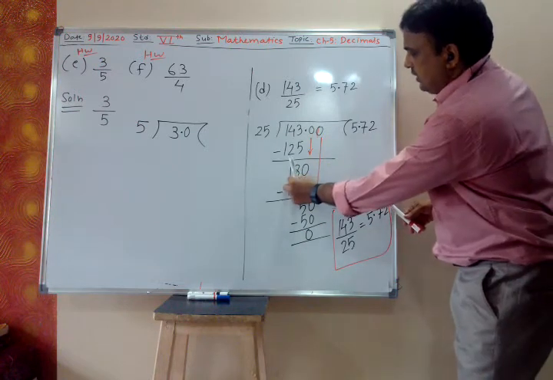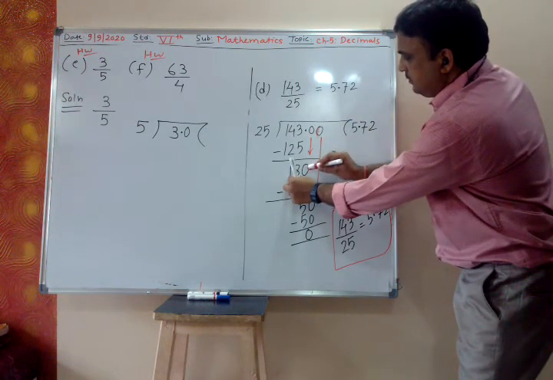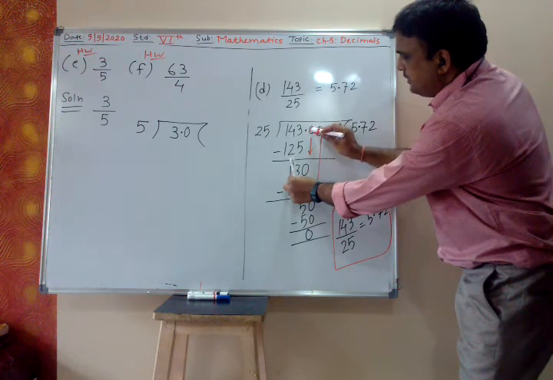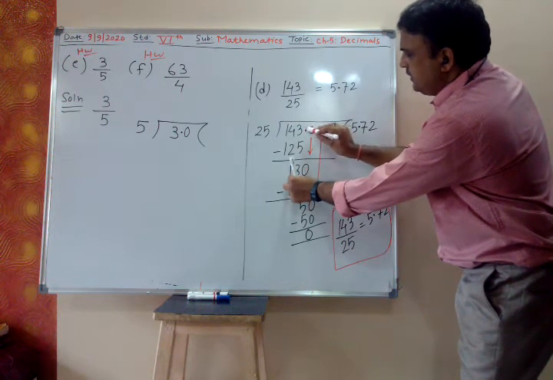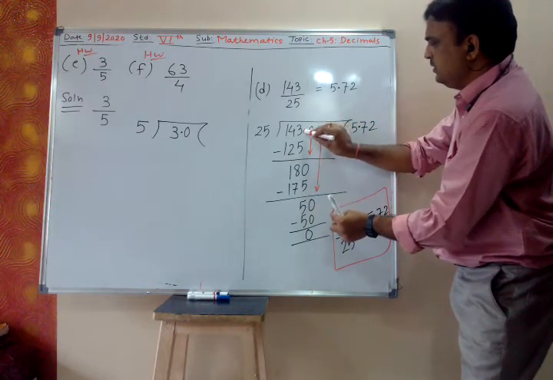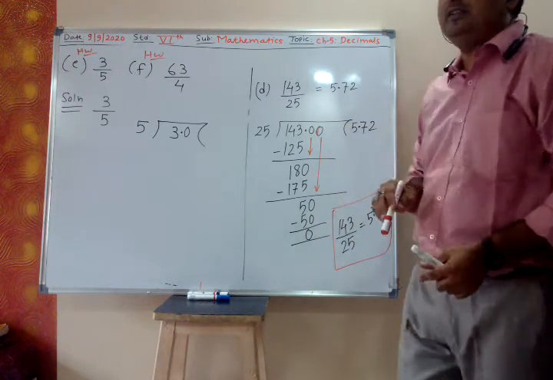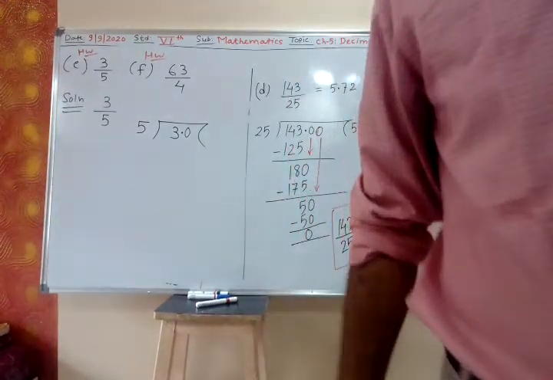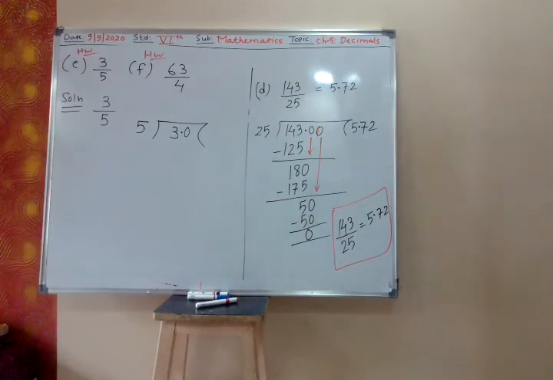Now 18 is smaller, so I will carry forward 1 0, but before that 0 there is the decimal, so I will put the decimal.